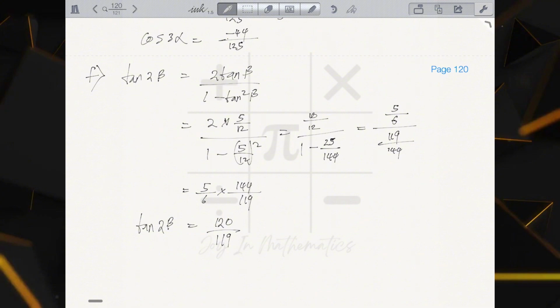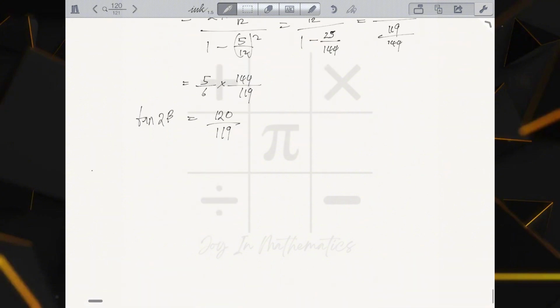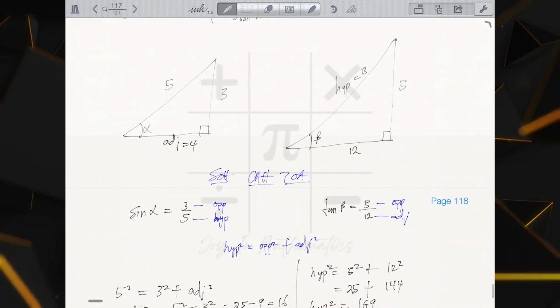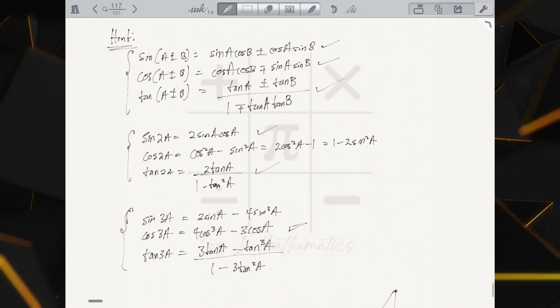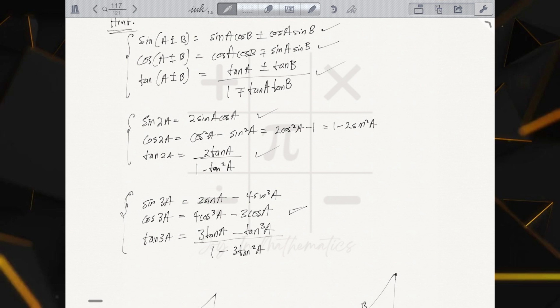Okay, let's proceed further to the final question, question G. Question G is a question that involves the triple angle formula because it's cos 3 beta. So we are going to apply the formula: cos 3a is 4 cos raised to the power of 3 a minus 3 cos a.